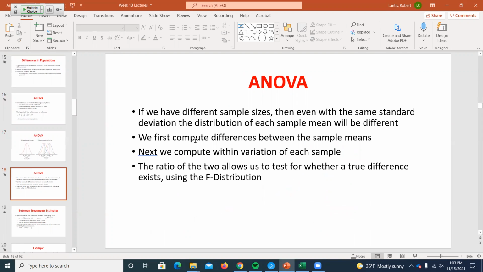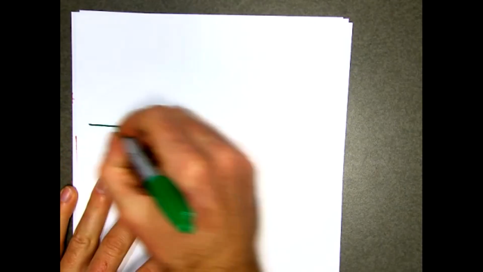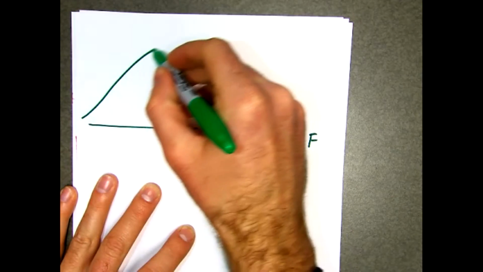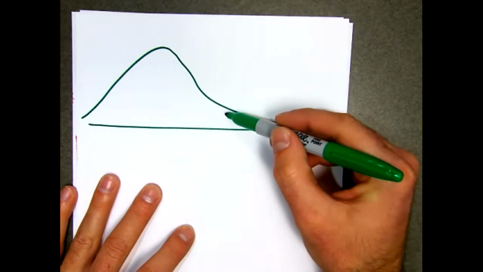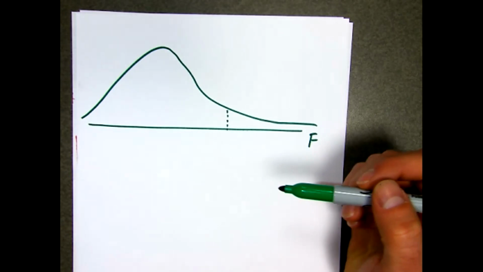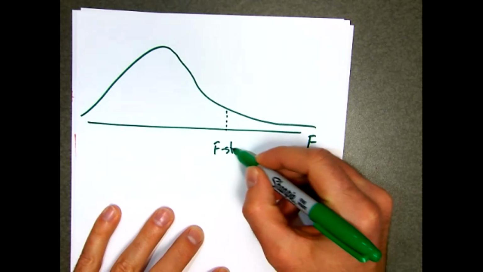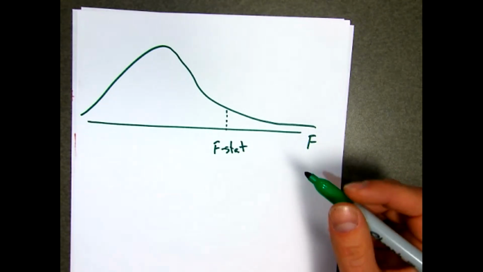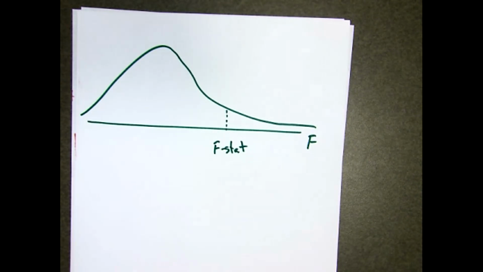So we're going to do this ANOVA testing. To give you a little drawing, we're really just going to be looking at an F distribution. Just to recap what that looked like, it has a long right tail, so it's going to look more like this. We're going to calculate an F statistic, which is some measure of the variation that exists across the means of these 3 groups, 4 groups, 5 groups, however many groups we have.